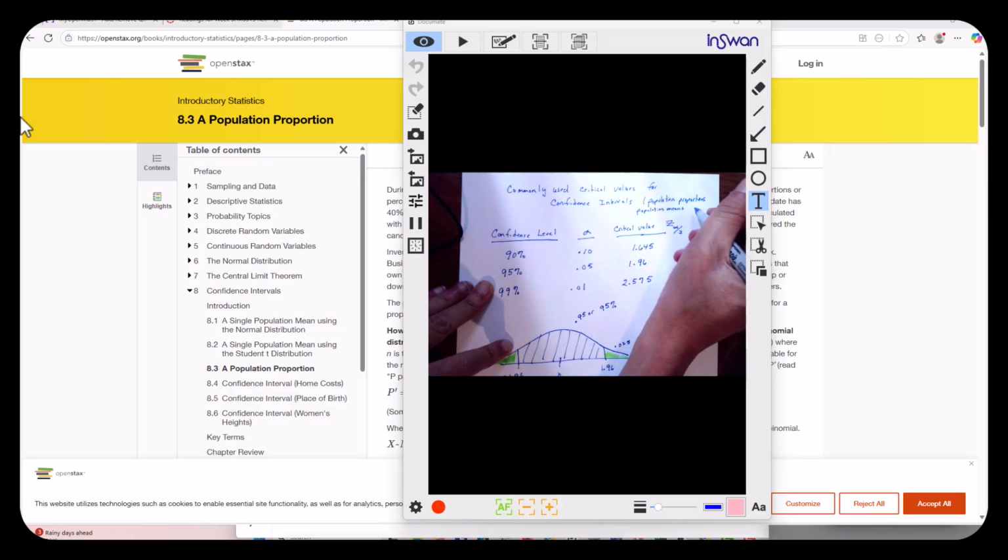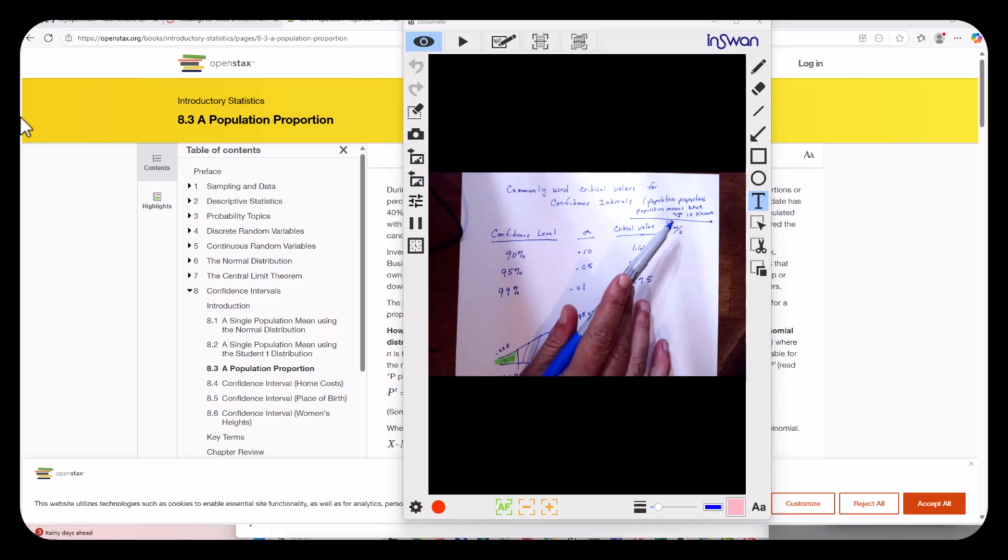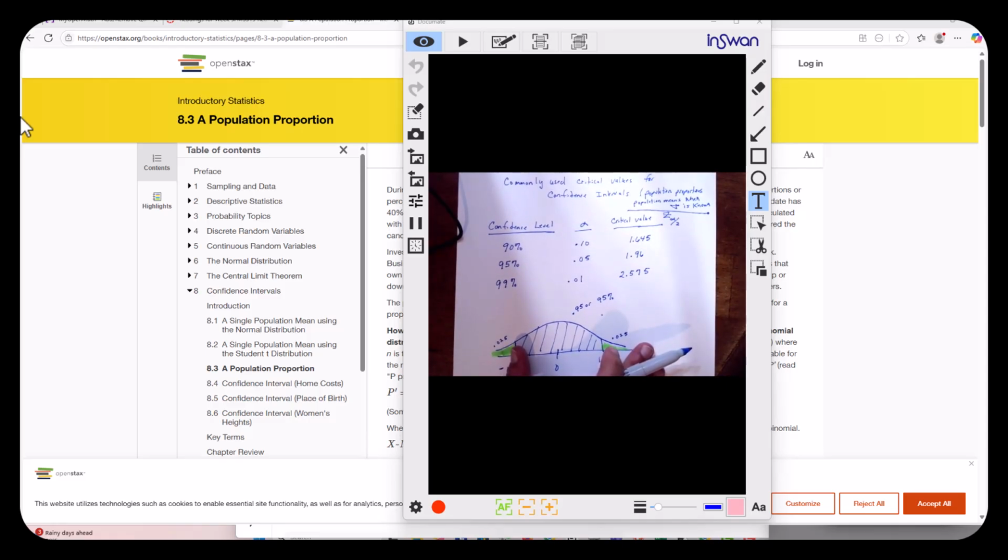And here's a big if, when your sigma, which is your population standard deviation, is known. I'll add that in there. Because if your population standard deviation is not known, then instead of using a z sub alpha over 2, we're going to be using a t sub alpha over 2, and I will have some common values for that. So I just wanted to point that part out to you.